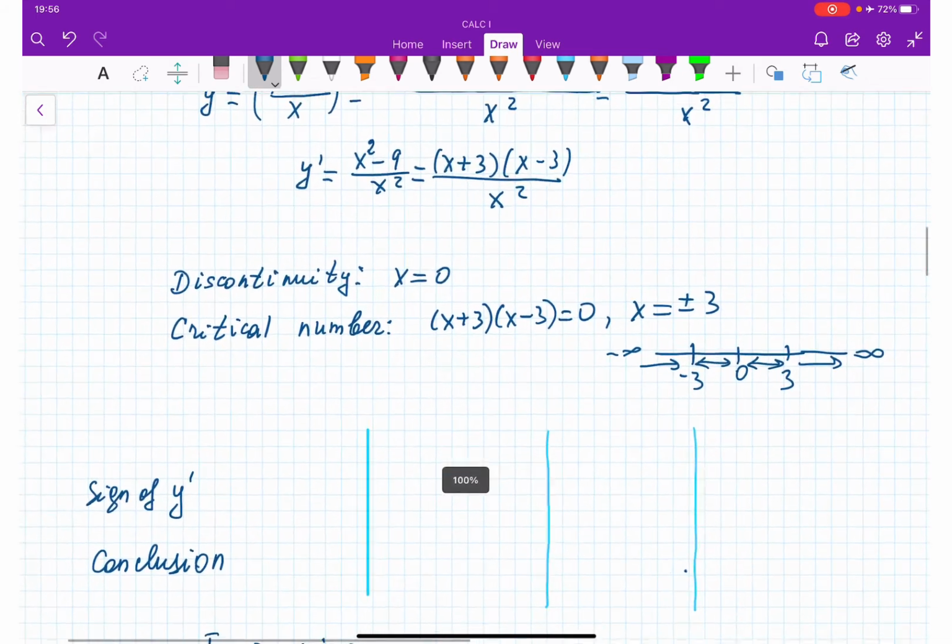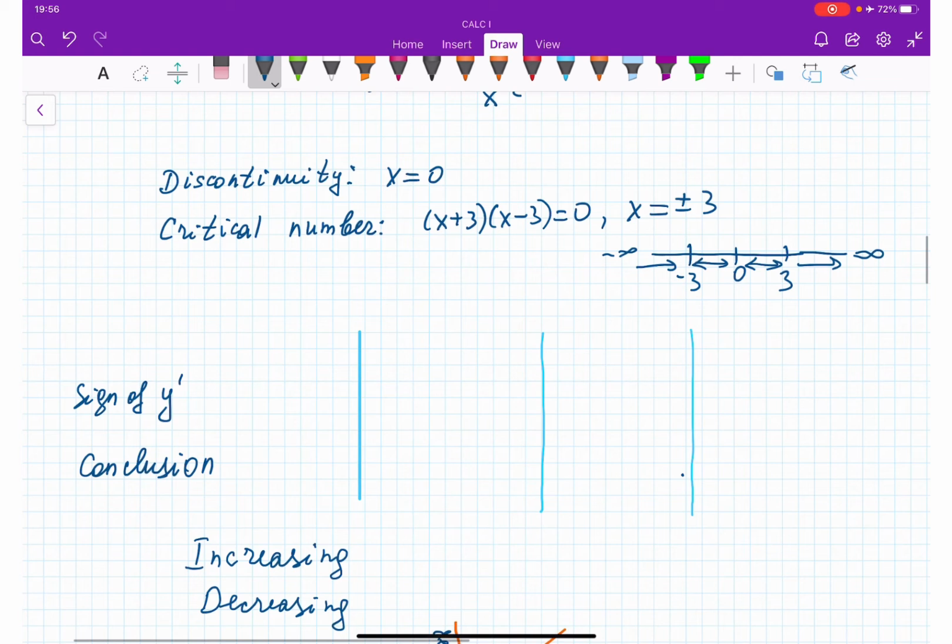So let's write down here. It's going to be x is less than negative 3 and greater than negative infinity. Here we have x is greater than negative 3, less than 0.